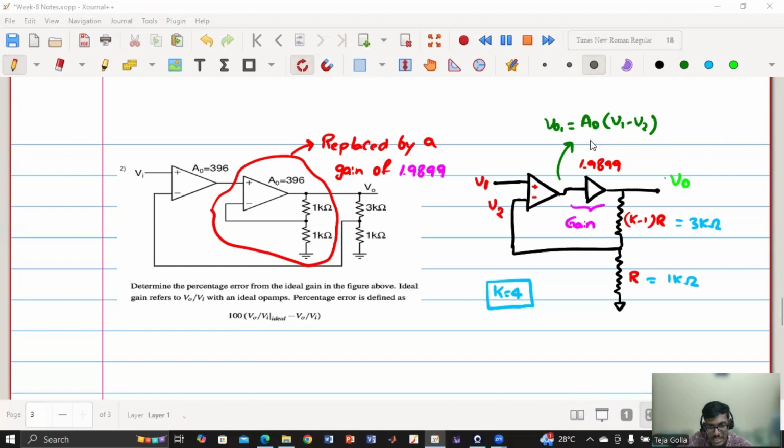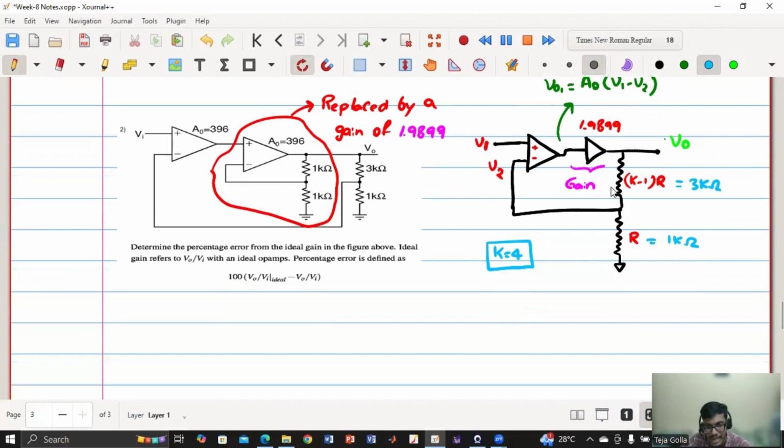So now if this is A naught into V1 minus V2, then what will be this V naught? So my V naught here is this into 1.9899, right? So my V naught is A naught into 1.9899 into V1 minus V2, right?